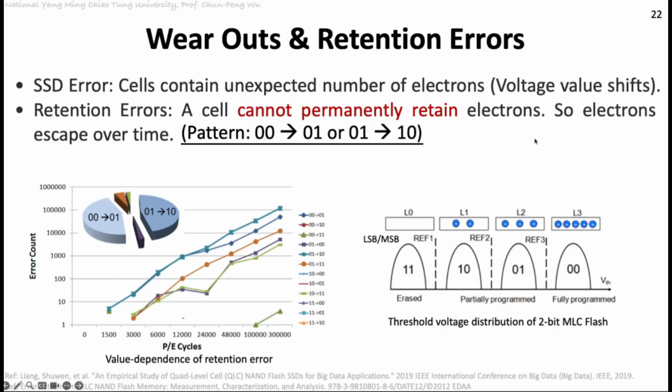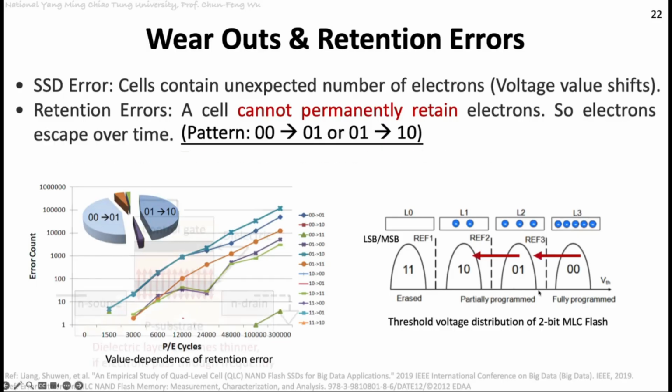If the electric field is not strong enough, the P substrate will not generate enough delocalized electrons, so it would not increase the number of electrons inside the floating gate.